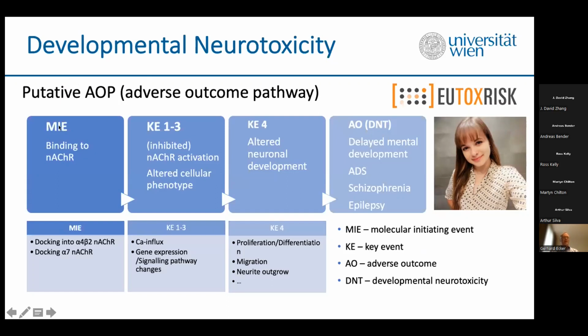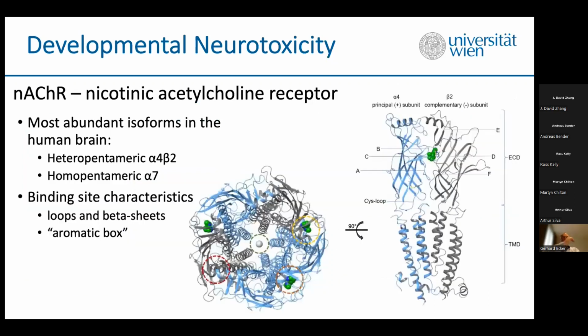The molecular initiating event is binding to the nicotinic acetylcholine receptor, and then the key events going further, altered cellular phenotype, and at the end of the day, you end up with delayed mental development, schizophrenia, epilepsy as toxicity endpoints. Talking to the nicotinic acetylcholine receptor is also quite a challenge.